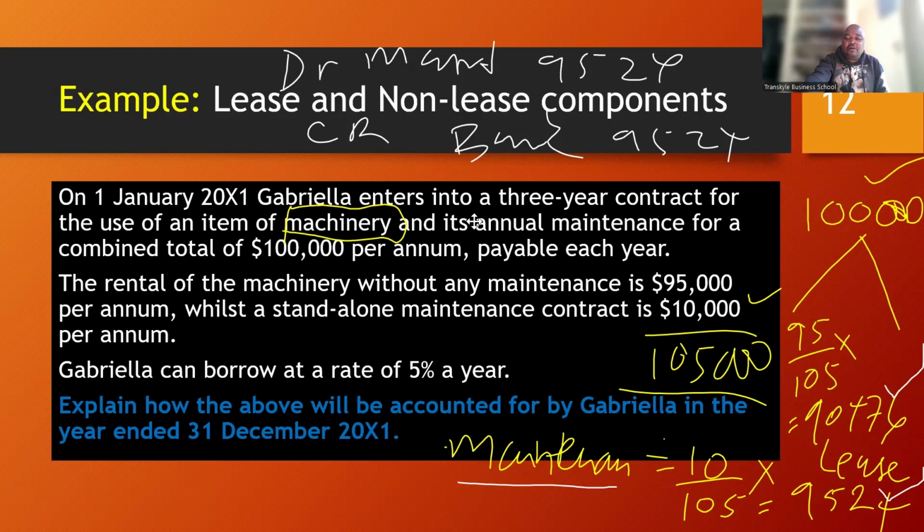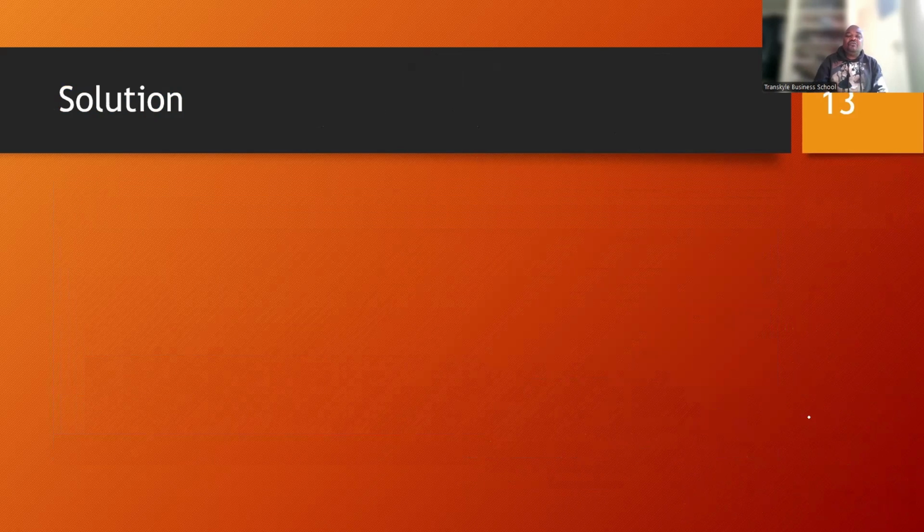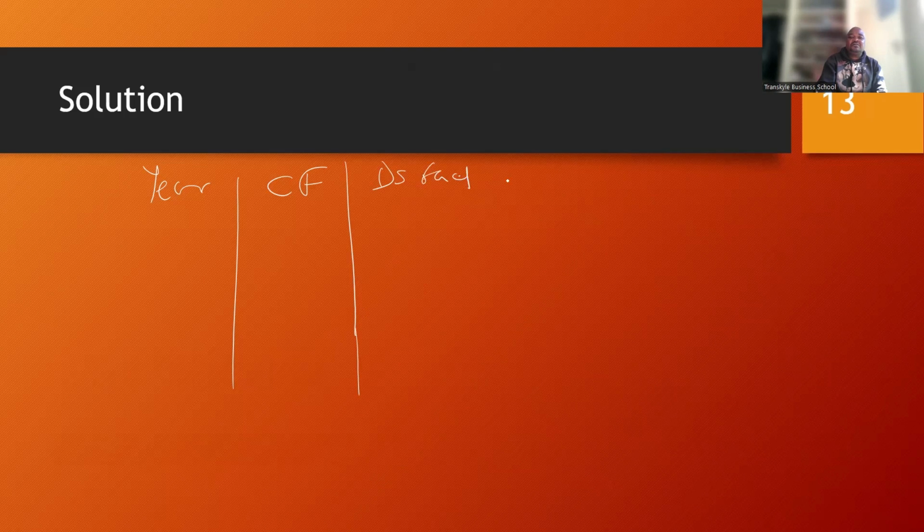So we come here and do the working. Now we have determined that the lease component is this amount. So for us to determine the present value, we have the years, the cash flow, the discount factor, and the present value.